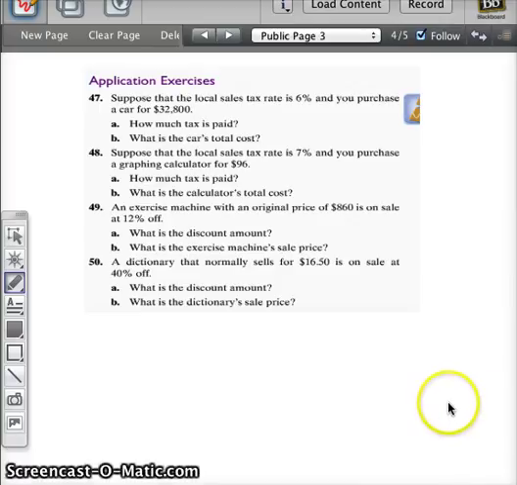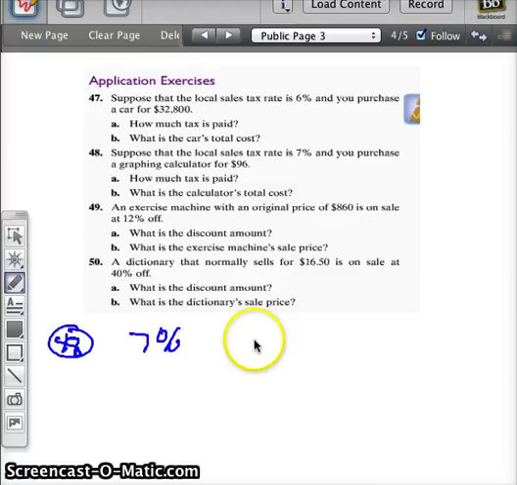Now, what I said here for questions 47 through 50 is just write the facts. So let me just do 48. Suppose that the local sales tax is 7%, so you write 7% is the tax, and you purchase a graphing calculator for $96. That's what I mean by getting the facts out. Then the question is how much tax is paid? Obviously we're going to go 96 times 0.07.